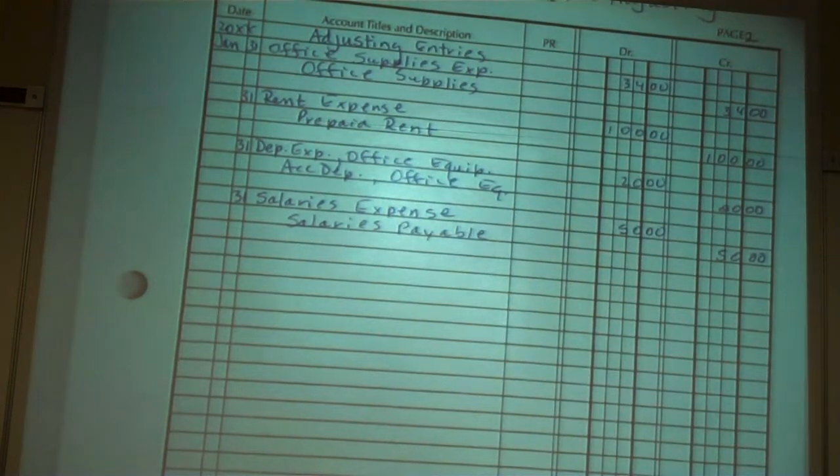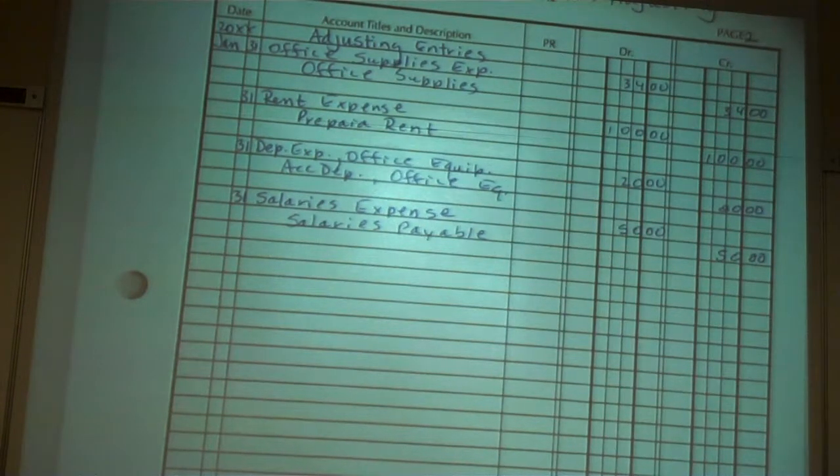And you can see I already have balances in those accounts. Office supplies expense didn't have a balance, so we're going to record January 31st.